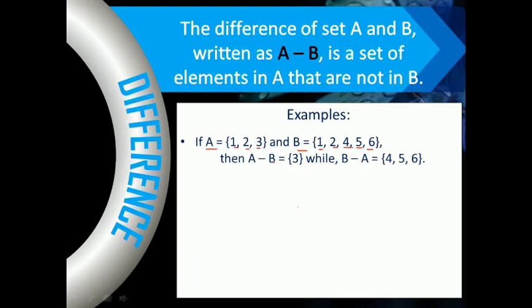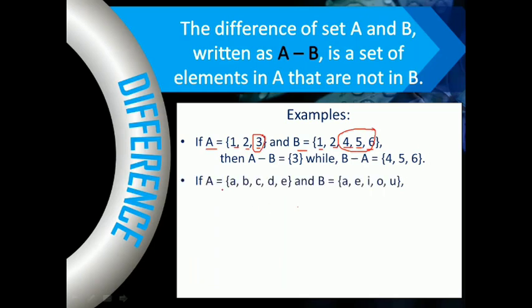Let's take a look at this first one, A minus B. Only the number 3 is present in A that is not in B. While in B minus A, 4, 5, 6 are the numbers that are present in B and are not in A.